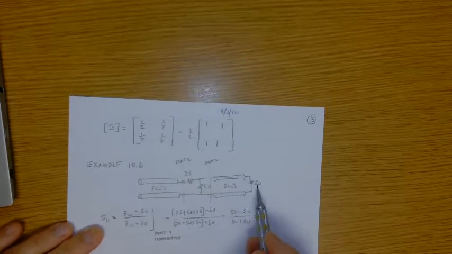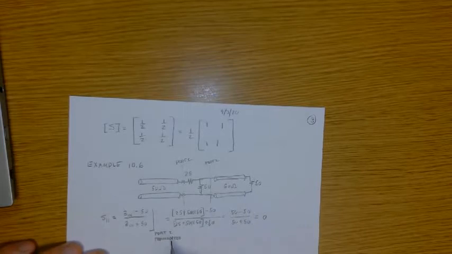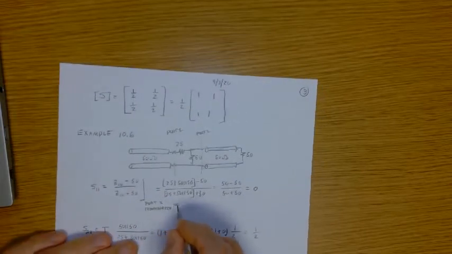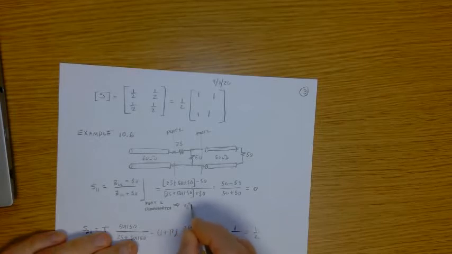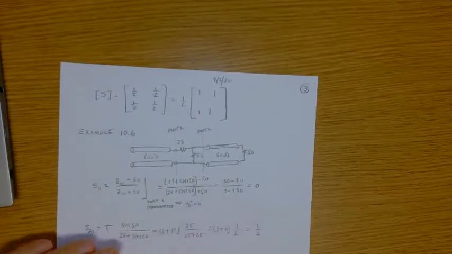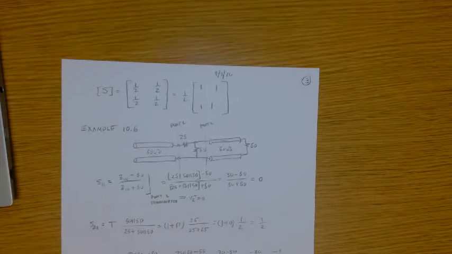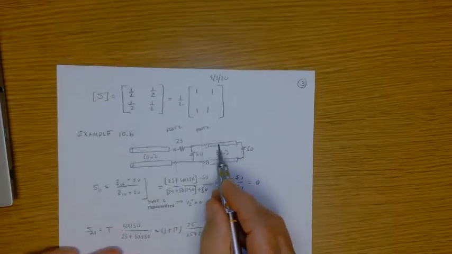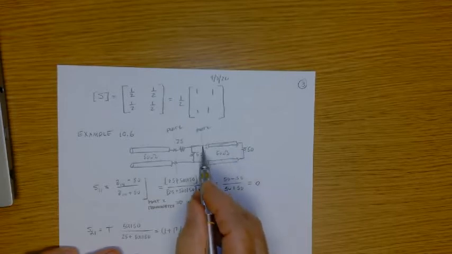Why did you terminate port 2? Because you need to make sure that V2 plus is 0, right? This guarantees that V2 plus equals 0, okay?